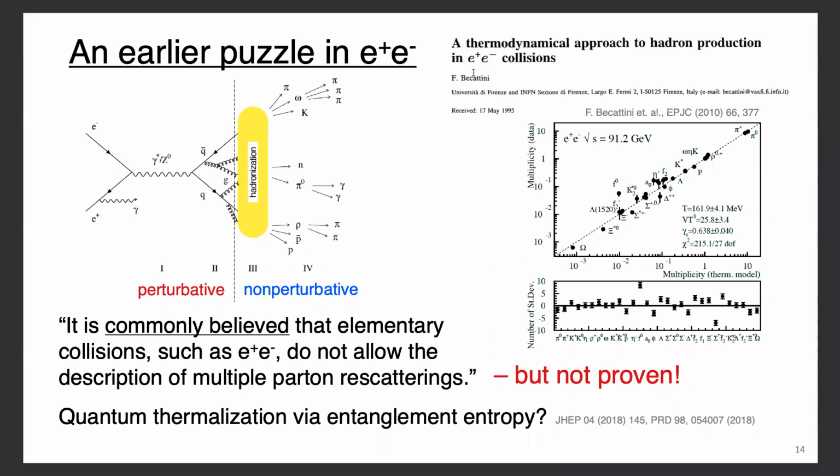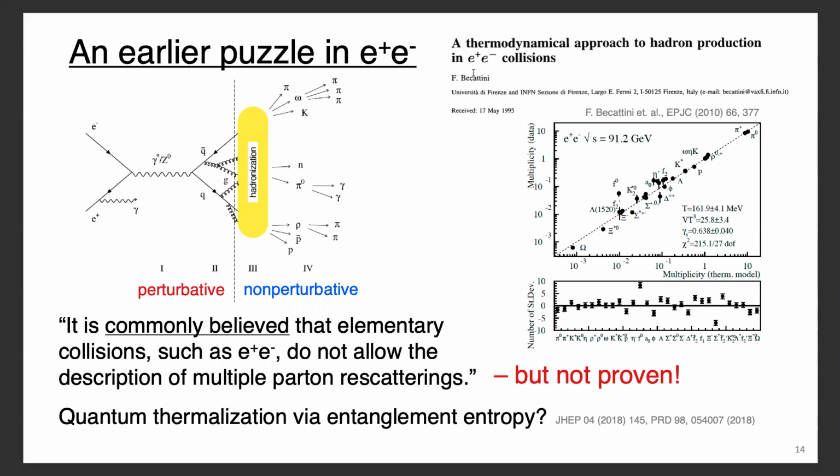Because it's commonly believed that these elementary collisions, such as E plus minus, do not allow this description of multi-particle scatterings. I would say it's not proven, but this is a common belief. So for this thermal behavior, there's a suggestion that maybe this is related to quantum entanglement, that the entanglement entropy will drive the quantum thermalization.